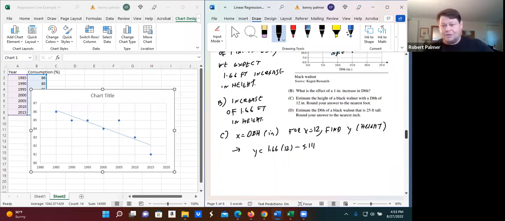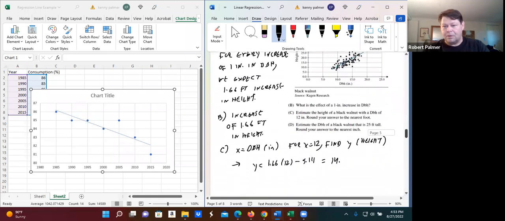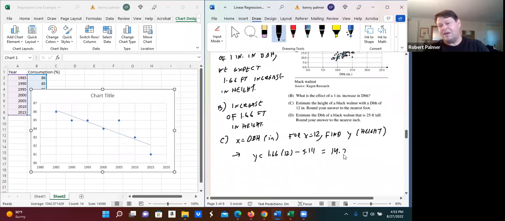And what I get is 14.78 feet, and then rounded to the nearest foot, that's going to be approximately 15 feet. Okay, so that's based on this model.